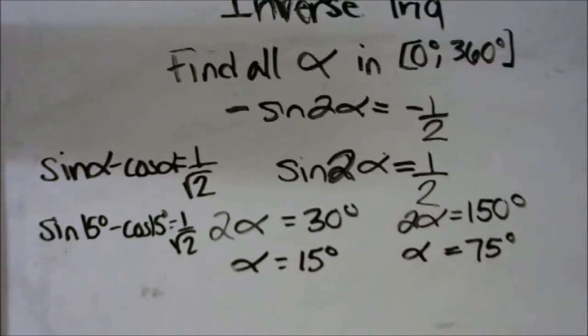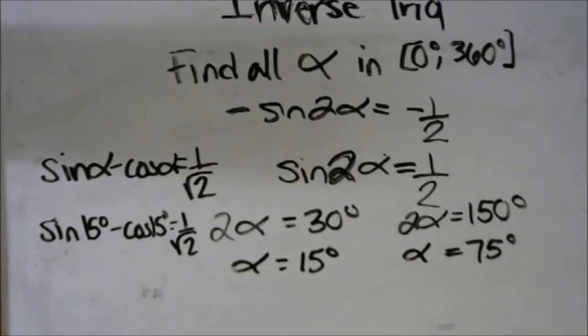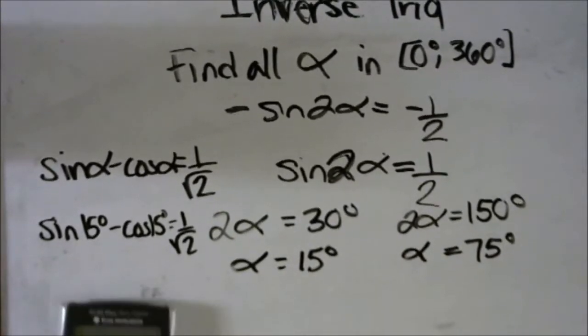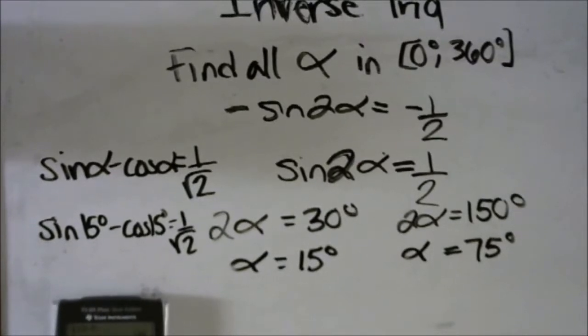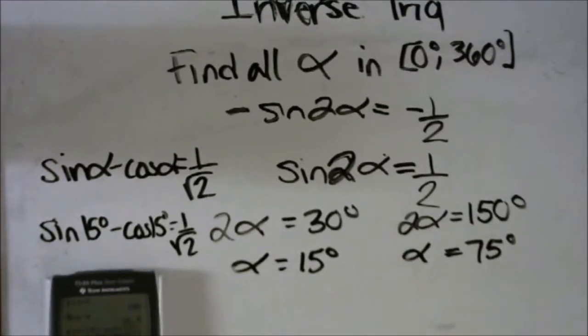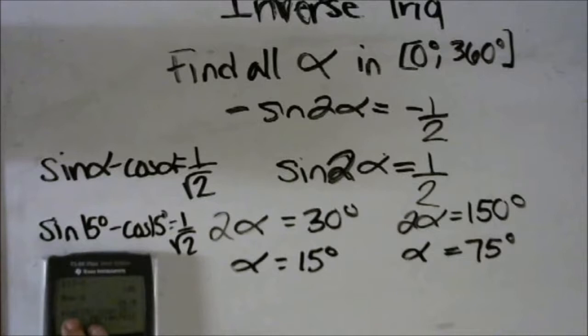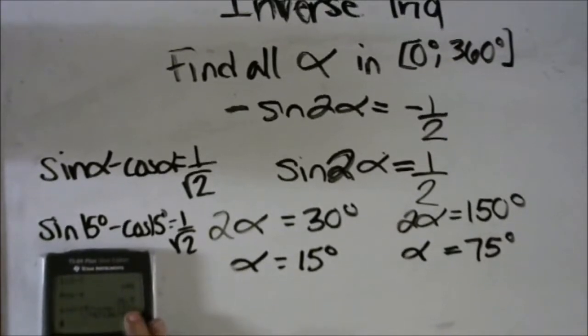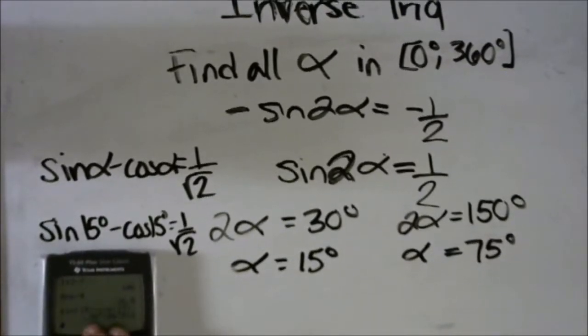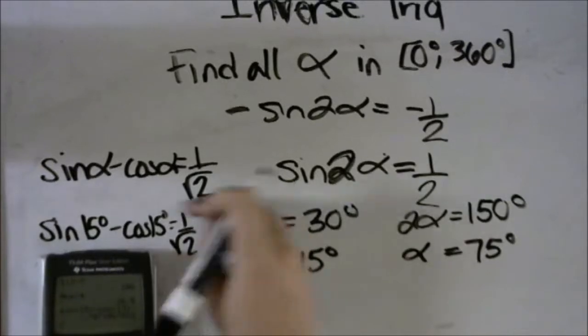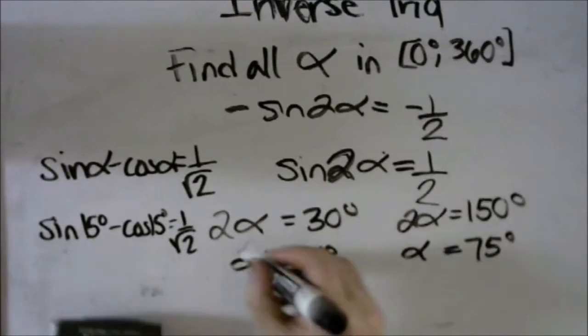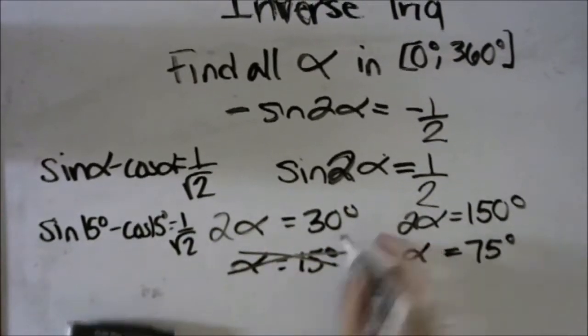Now I'm just trying to check my solution. I'm not trying to solve a new equation, and since 15 degrees isn't on my unit circle, I went ahead and typed it into my calculator. Sine of 15 degrees minus cosine of 15 degrees is negative 0.707. The right side is not negative, so 15 degrees is extraneous.